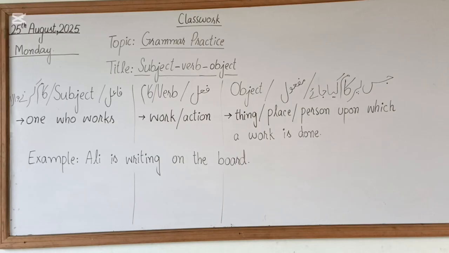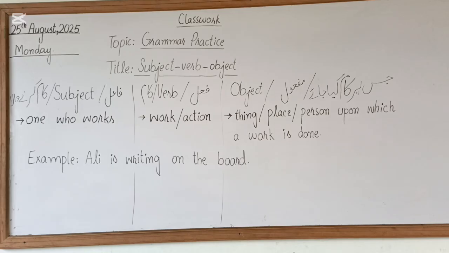Okay, so as you all can see on the board, the example is being written: Ali is writing on the board. Now we all have to identify together subject, verb, and object out of this sentence. So what do you think, what is the subject? Who is working in the sentence? It means Ali board par likh raha hai.